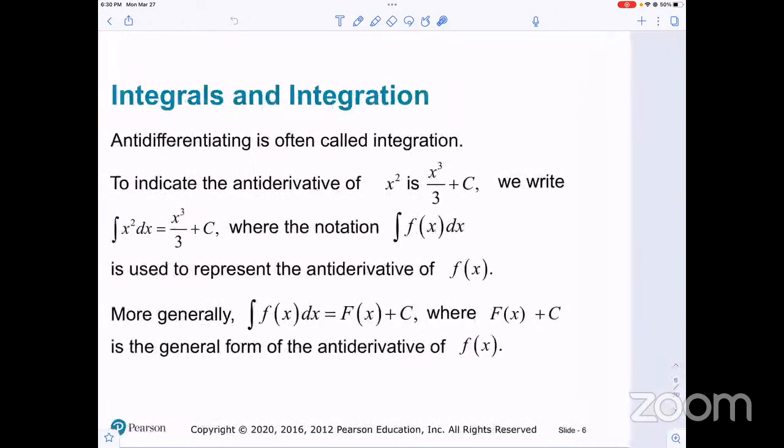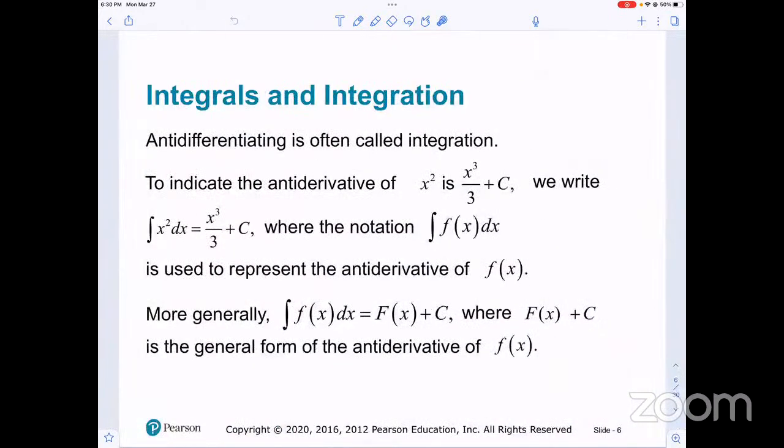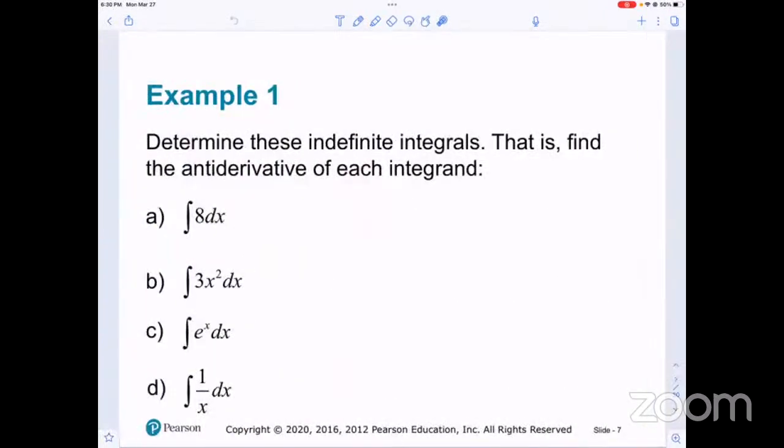The same way that we have techniques and properties for finding the derivative, we have similar techniques for finding the antiderivative. Let's see, what do we have? Determine these indefinite integrals, that is, find the antiderivative. So we want to think of some f of x such that when we take the derivative, the answer is 8.